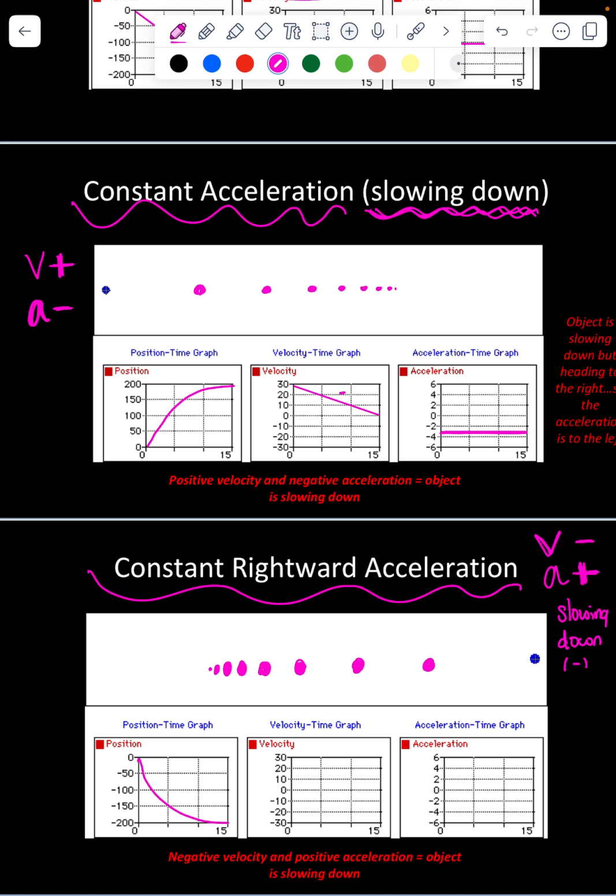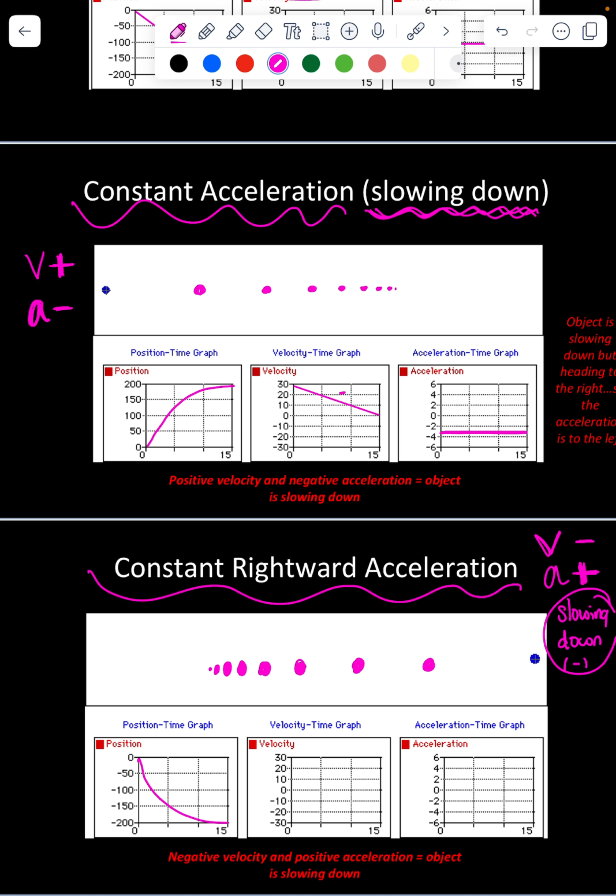We have that negative slope. So negative velocity means that our line is going to be below 0. We know it's not constant. We know that we have some type of acceleration, so it's not going to be a horizontal line underneath 0. It's either going to be a diagonal line going away from 0 or towards 0.